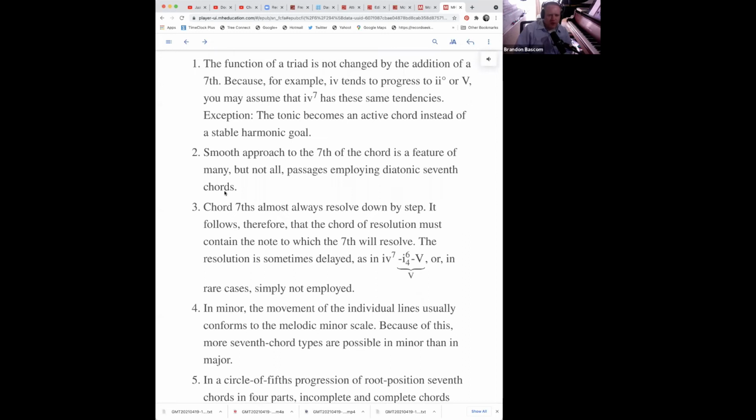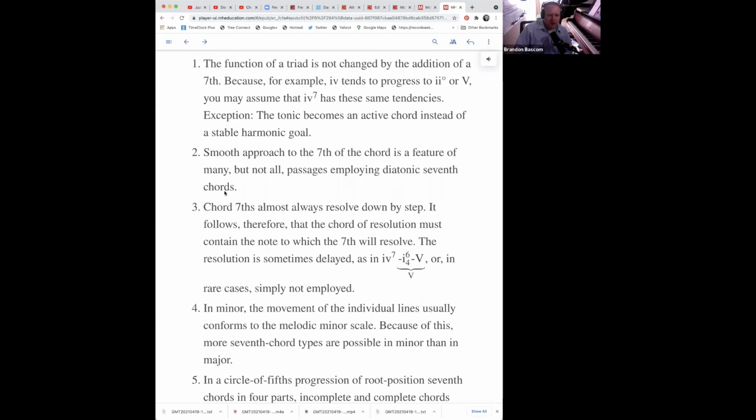What's the circle of fifths apart that we should be starting with? I think it's G, right? Yeah, the 1.